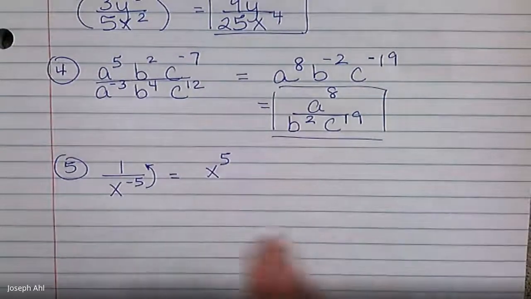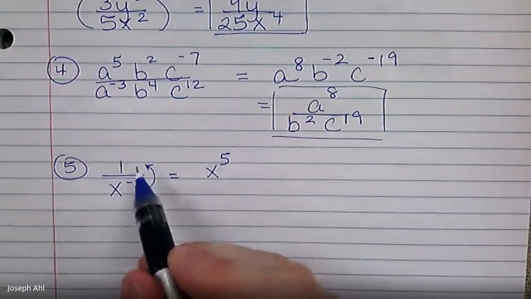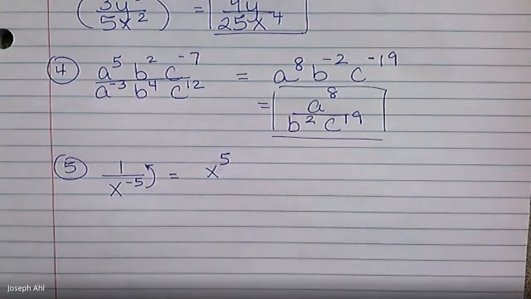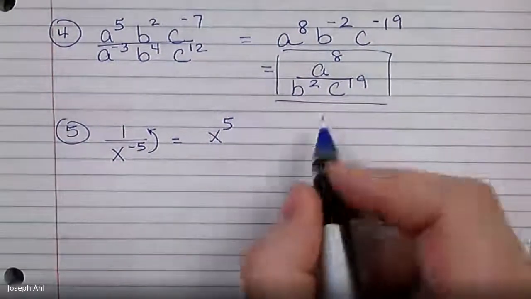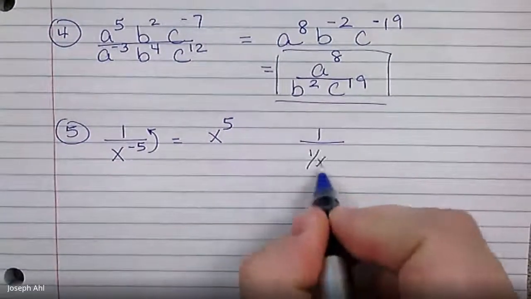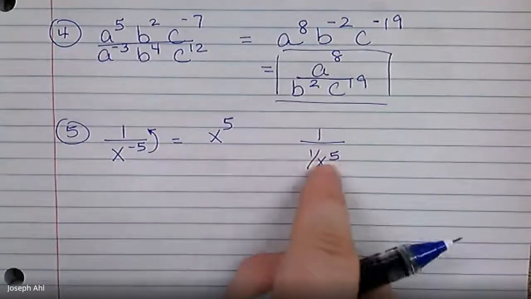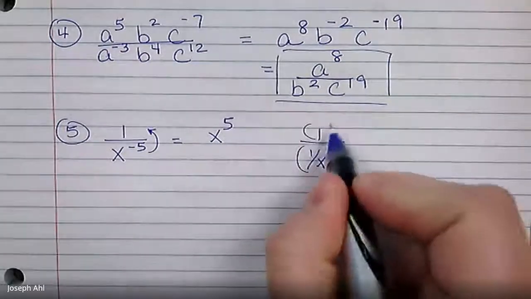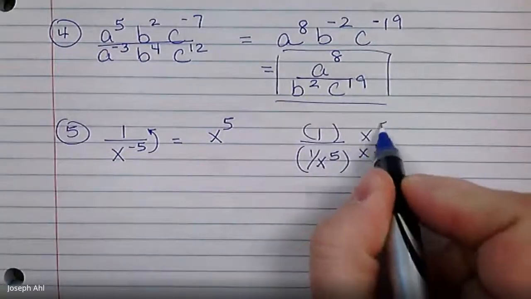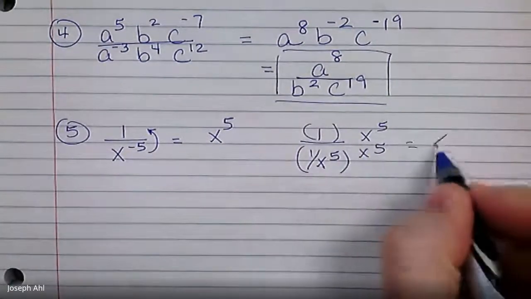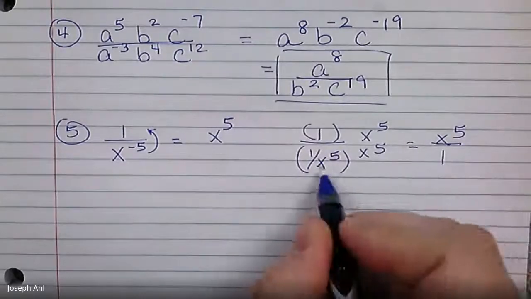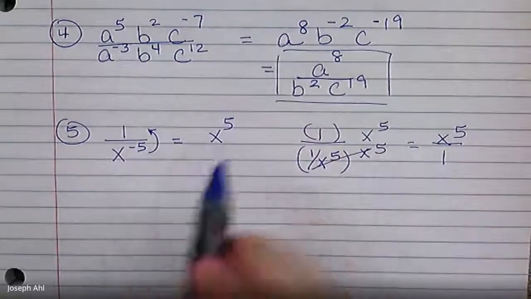So if you want to make an exponent positive within a fraction, you are allowed to move it to the other part. And I guess the reason why is I would write it like this first, right? X to the negative 5th is 1 over x to the 5th. If you multiply the top and bottom by the LCD, which is x to the 5th, you wind up getting x to the 5th over 1 on the bottom, which is what I wrote over here.